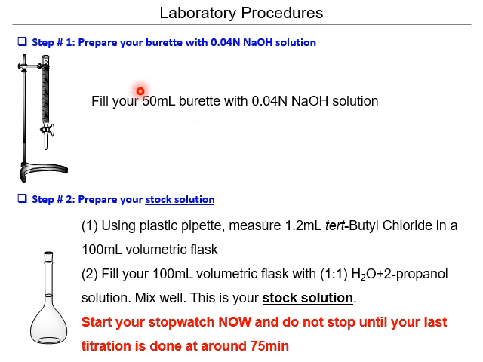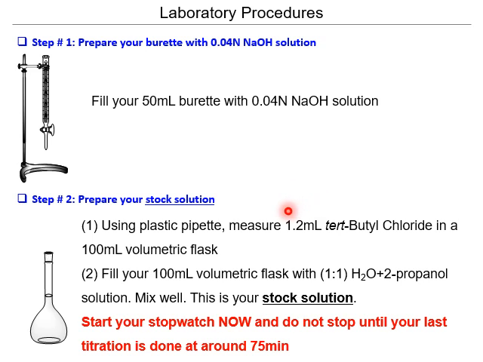So now the procedure. You prepare your burette with 0.04 molar NaOH solution. You fill your 50 ml burette with 0.04 molar sodium hydroxide solution. You prepare your stock solution. So you use a plastic pipette. You measure 1.2 milliliters of tert-butyl chloride in a 100 ml volumetric flask.